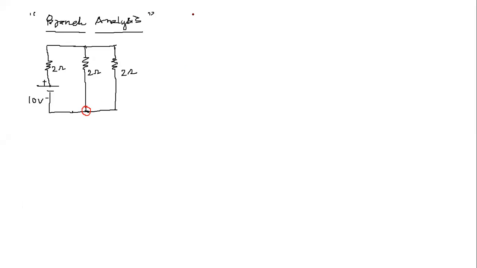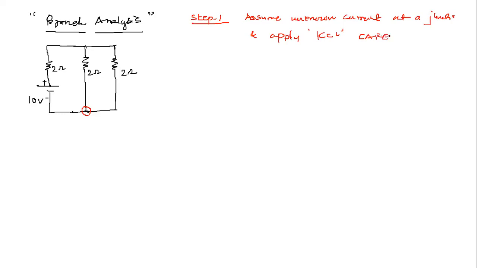So my first step, step 1, is to assume unknown current at a junction and apply KCL carefully. Don't write this, apply KCL carefully.